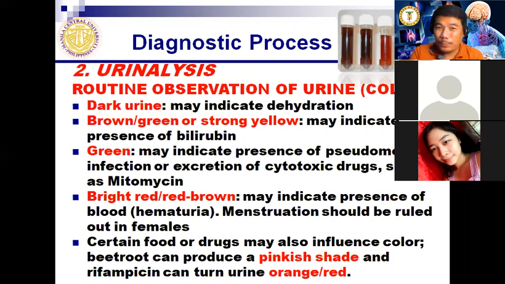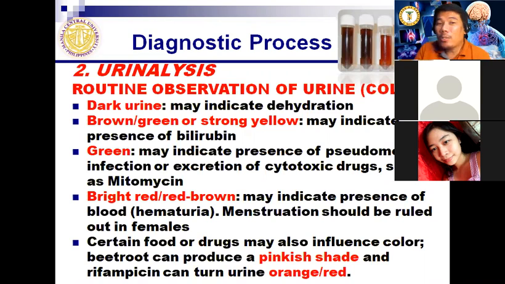Please rule out if you have menstruation because this may cause alterations in the result and possibly may increase RBC. At least they may consider that the blood streak in the urine is possibly coming from the menstruation. So you need to rule out every time that you send a specimen if you have menstruation.